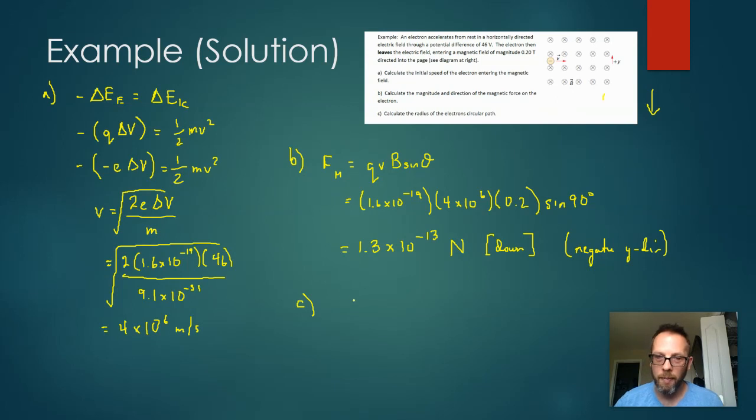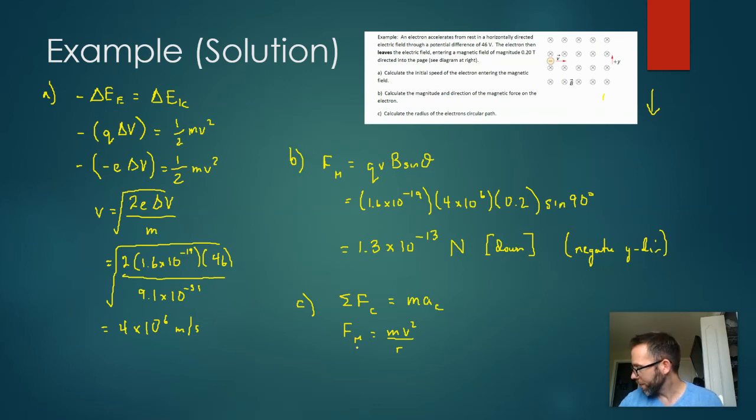So in our case, let's set up Newton's second law for circular motion. What's providing the centripetal force? In this case, it's Fm. And we'll use v squared over r since we have information about the speed.